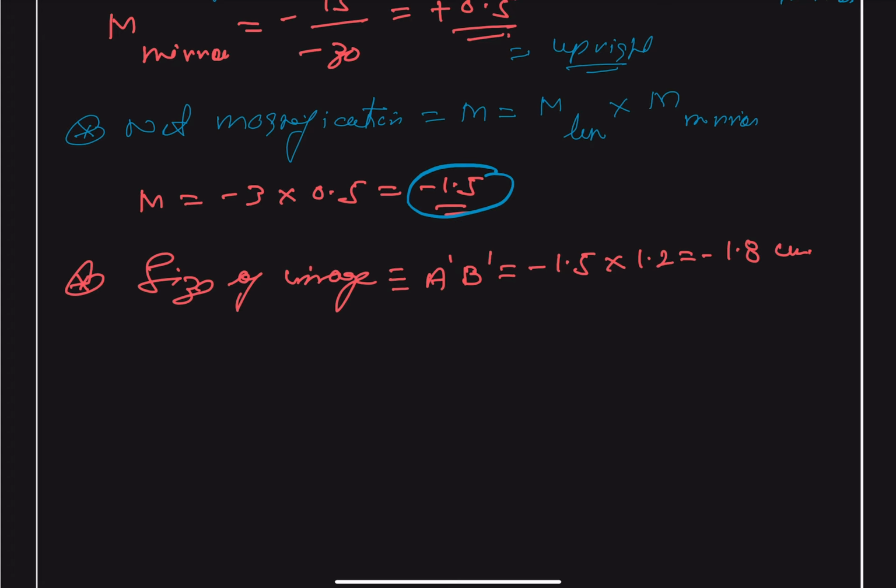So this gives us that the size of the image is 1.8 with a negative sign. So it means the final image that will be formed by the entire combination of lens as well as mirror will be the inverted one.